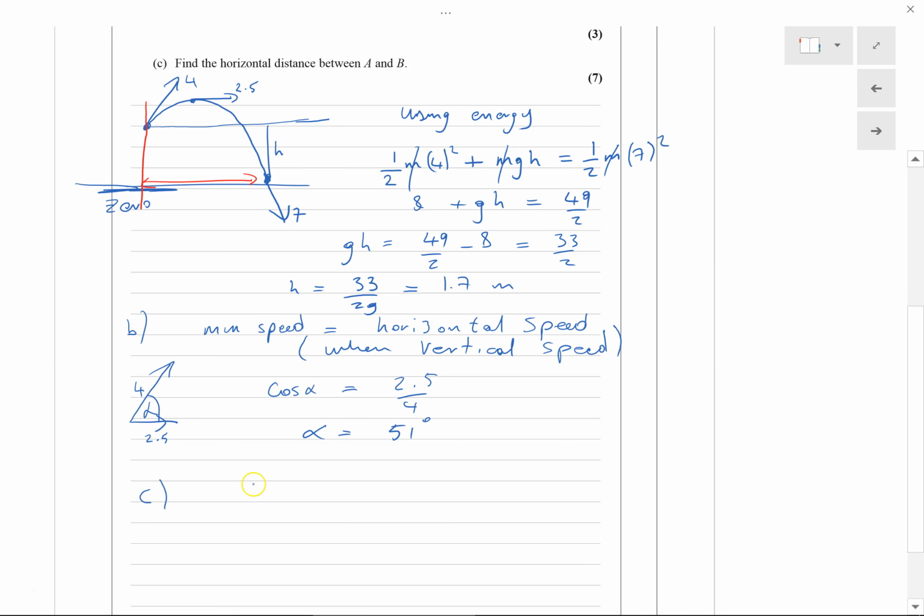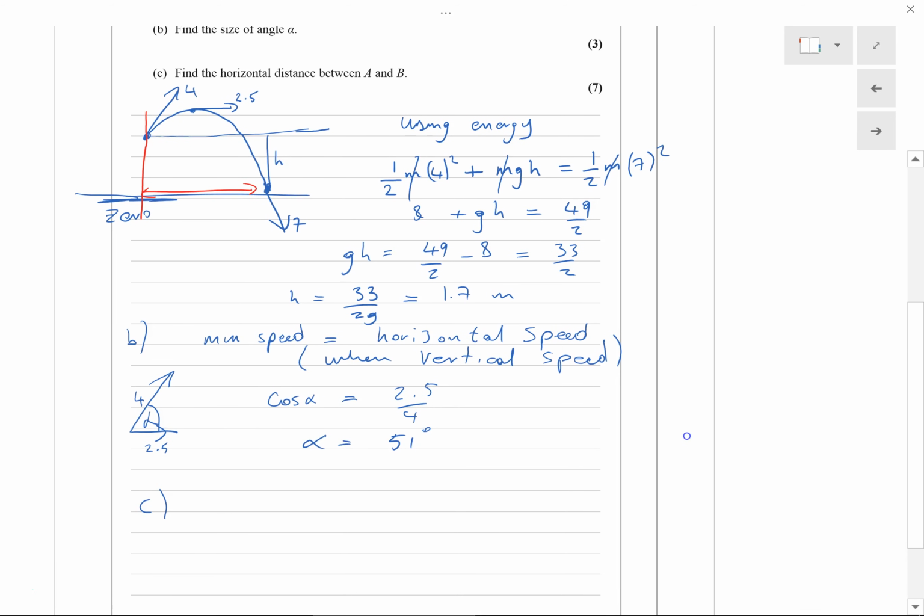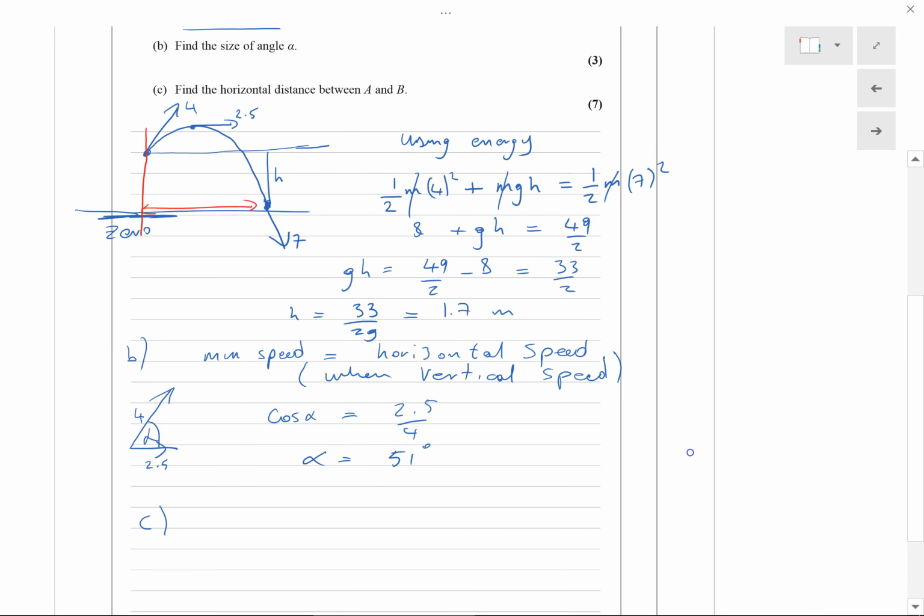What do we know? We know that the vertical speed here will be equal to, we can work out easily, the initial vertical speed.